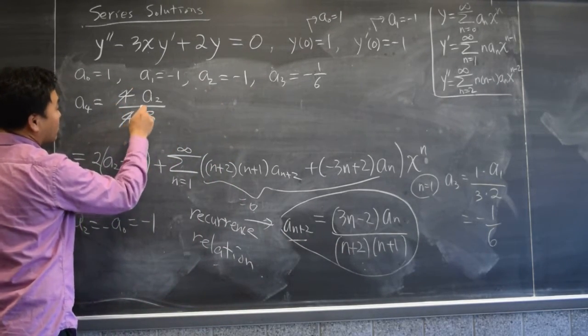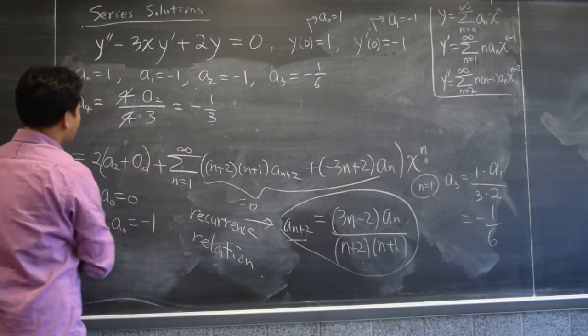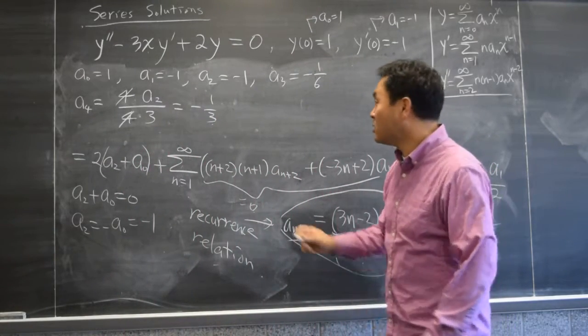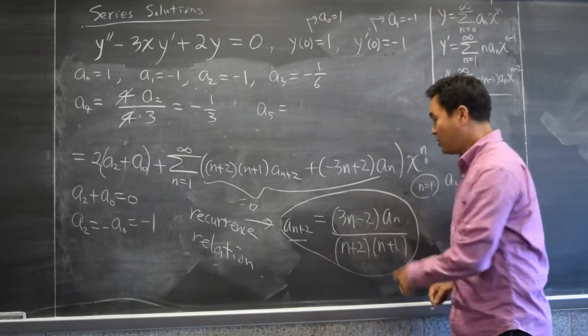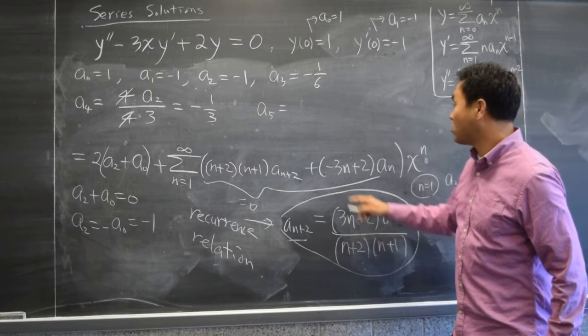So they cancel, and what is a2? That's negative 1, so it's still negative 1/3. Okay, and then I guess the sign will change now. What's a5? a5 is the case when n is 3, right? 3 times 3 is 9, 9 minus 2 is 7.